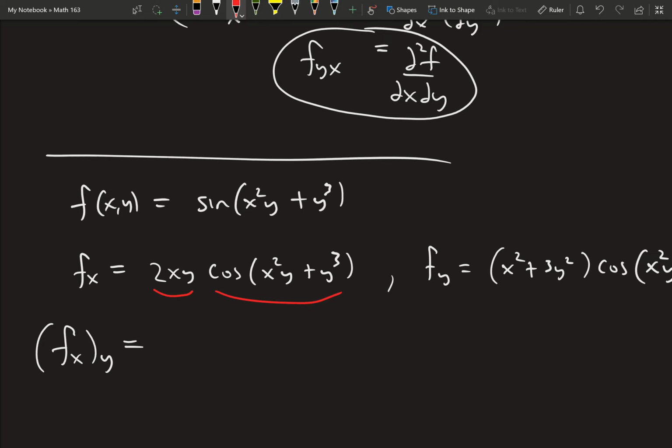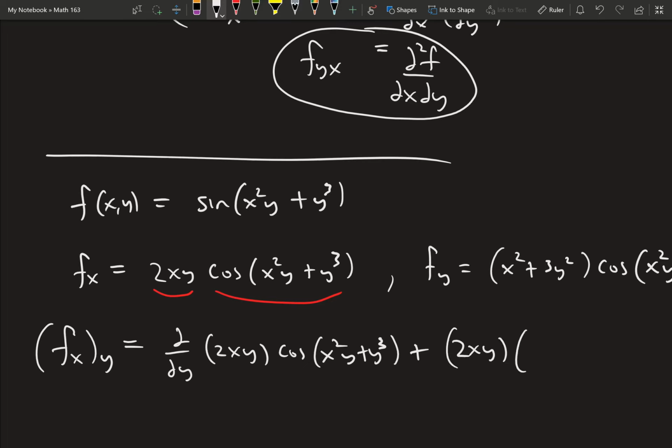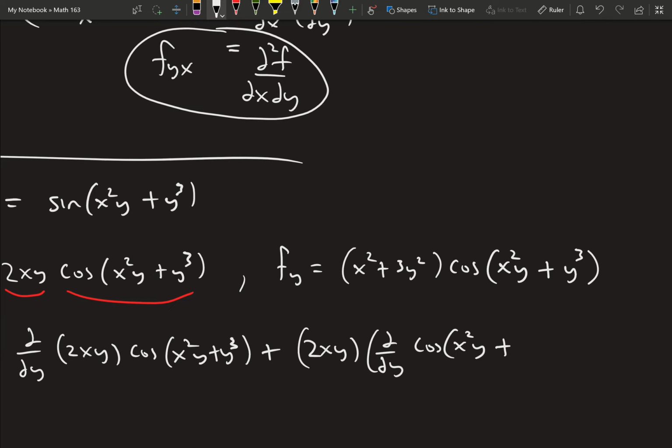We take the derivative of the first function, ∂/∂y of 2xy, times the second part left alone, cosine of x squared y plus y cubed, plus the first part left alone, 2xy, times the partial with respect to y of the second part, cosine of x squared y plus y cubed.